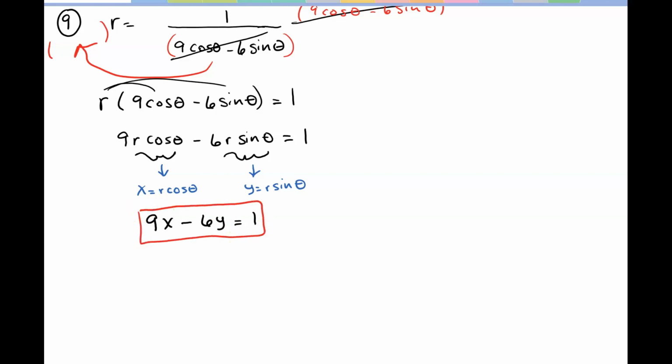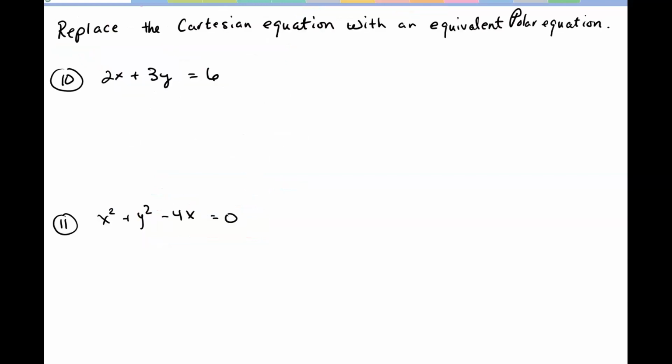Now let's go ahead and take a look at some examples where we replace Cartesian equations with polar equations. Okay, so here in these examples, we're going to take what we know again. So we know, namely here, that x is equal to r cosine theta, and that y is equal to r sine theta. And so we're going to use those facts in order to carry this out.